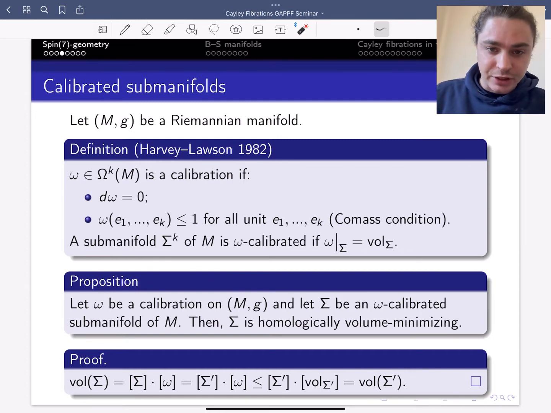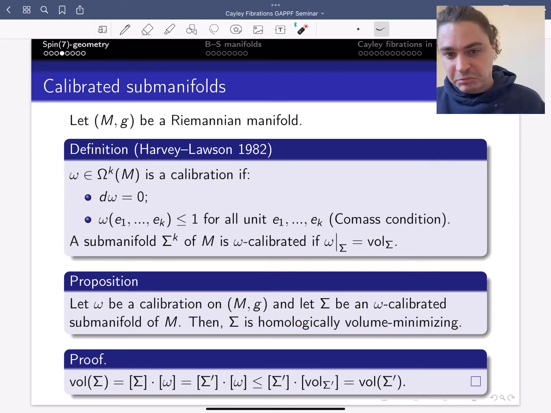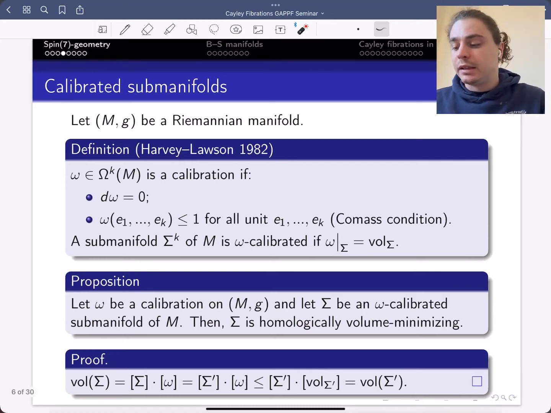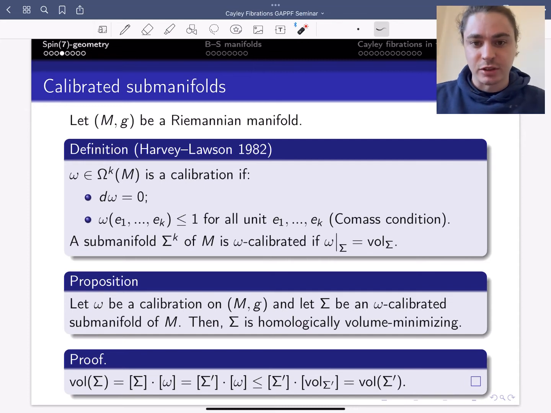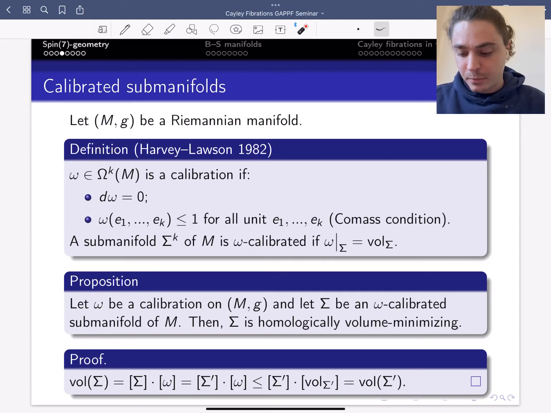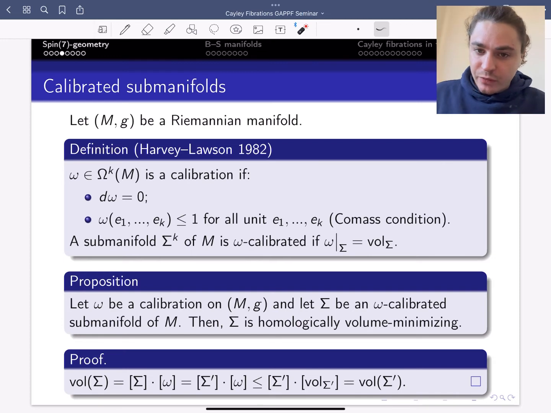Given a calibration omega on some Riemannian manifold (M, g), and given some k-dimensional omega-calibrated submanifold sigma of M, what is true is that sigma is homologically volume minimizing. So in particular, it is a stable minimal submanifold, and hence a very interesting object from a Riemannian point of view.